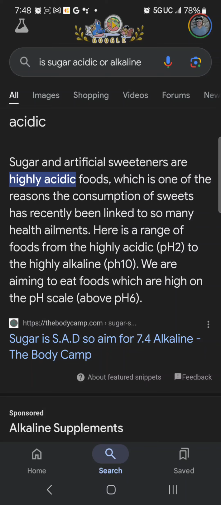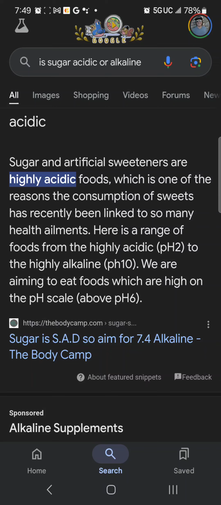Pathogens meaning disease, anything that you get that's a disease lives in the acidic range. Okay, you start eating alkaline foods, then you're doing good.